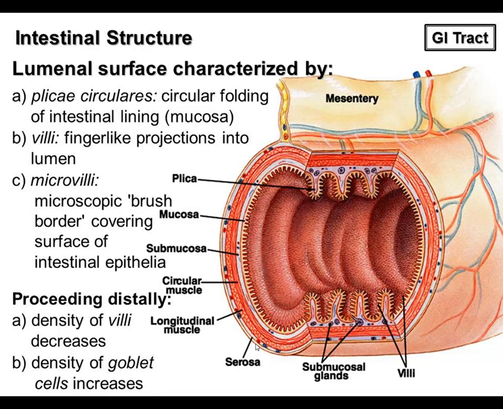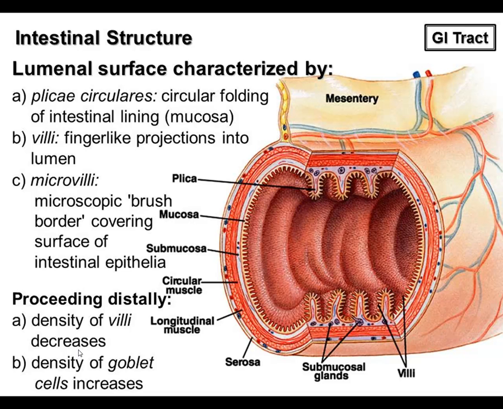And proceeding distally, when you go from the jejunum to, for example, the ileum, you will realize that the villi will decrease. We don't need them much over there, because most of the absorption already took place in the jejunum, so the content becomes thicker, and so we need to lubricate it. So distally we will have more mucus secretion.